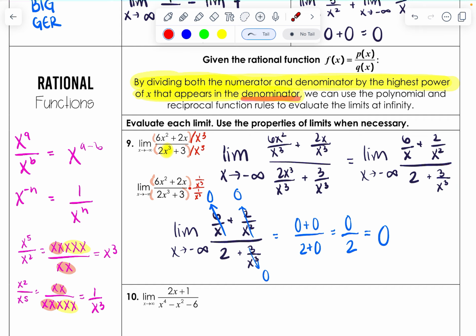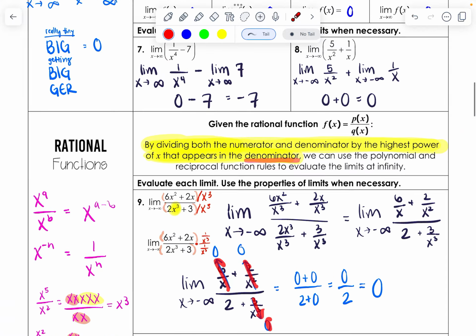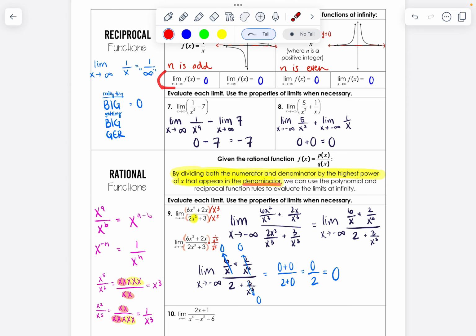And so when we use our reciprocal and polynomial rules, we can find the limit of each of those pieces, right? All 3 of these are going to go to 0 because of these rules right here.